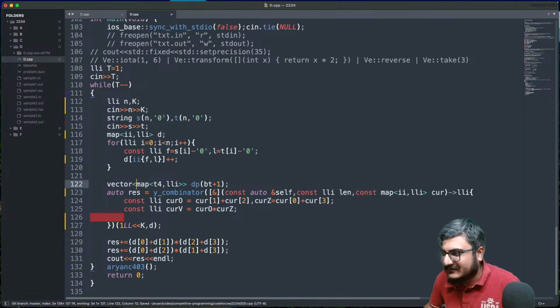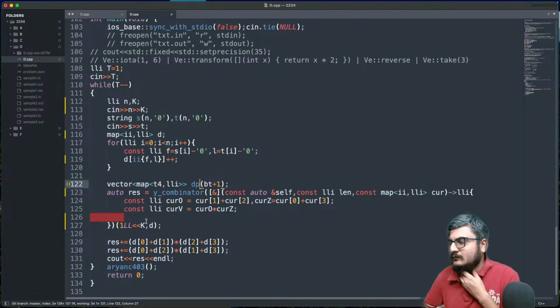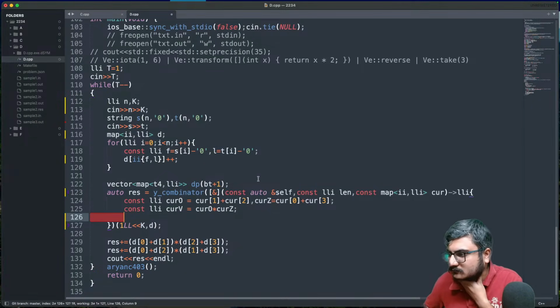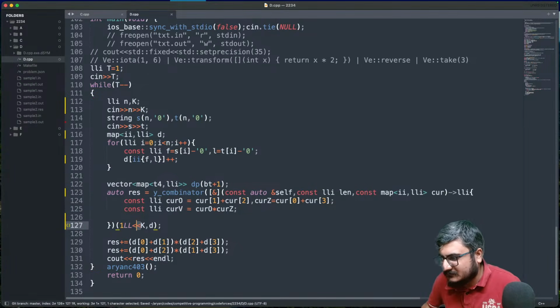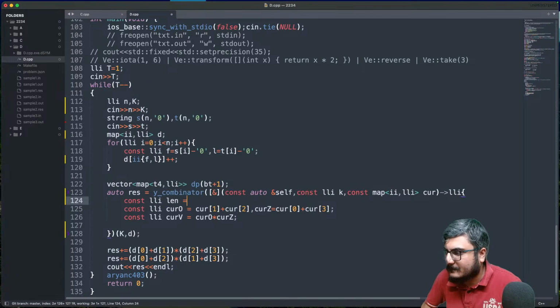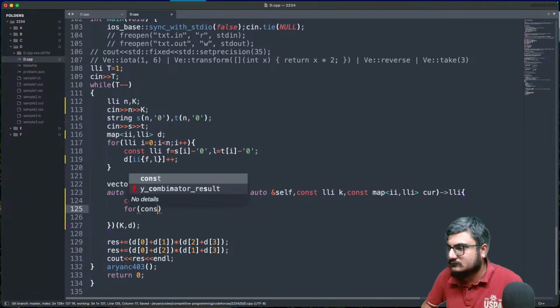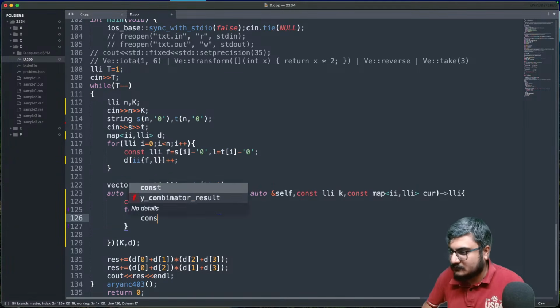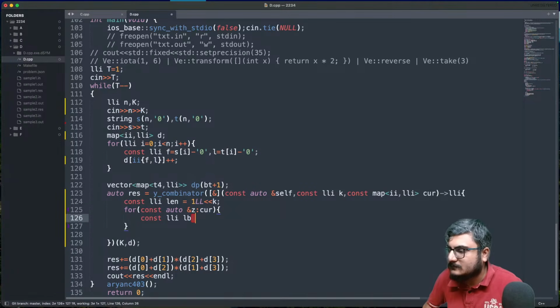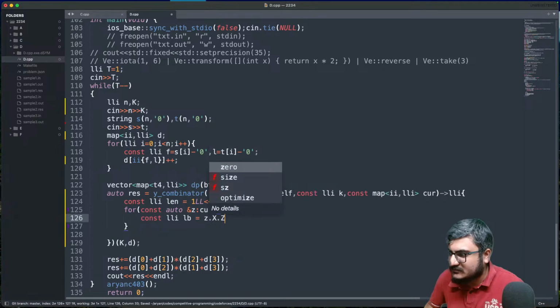I also have a DP. I will just start it with K. Left bit is z dot x dot x.